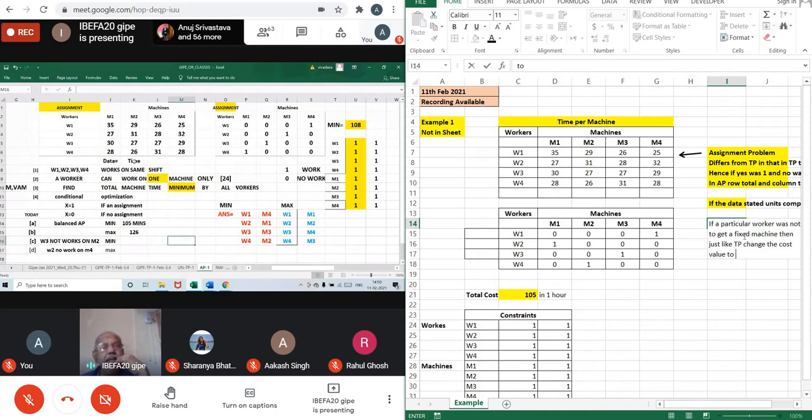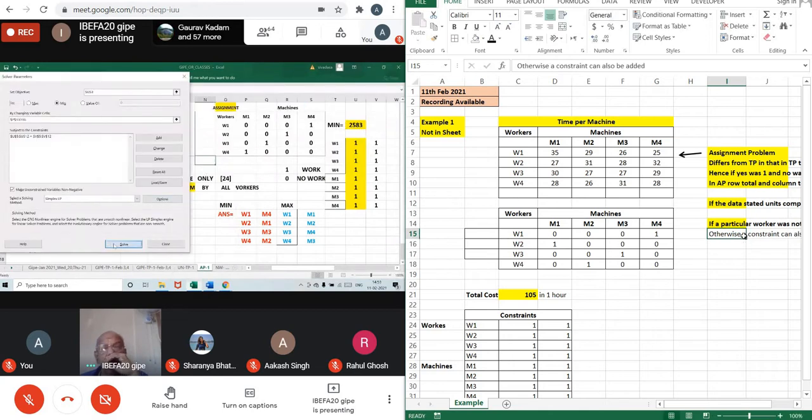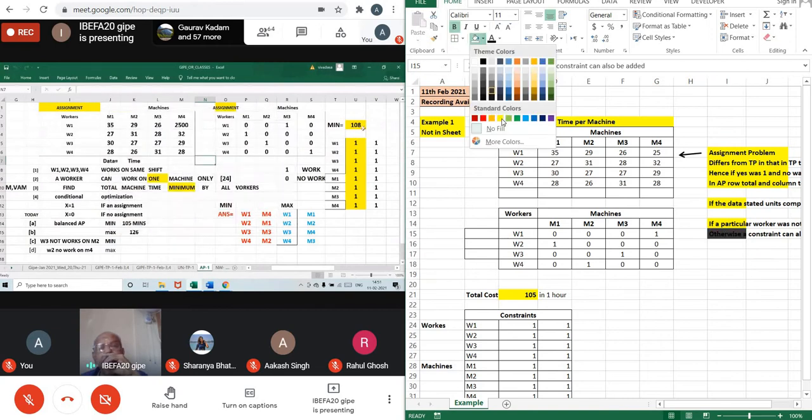I want the minimum completion time, and I don't want to assign the work W1 to, say, M4. So if I assign a large number here, I will not get that assignment.